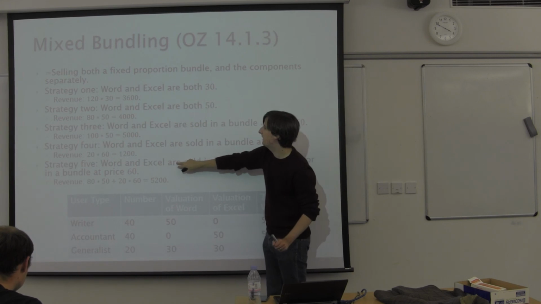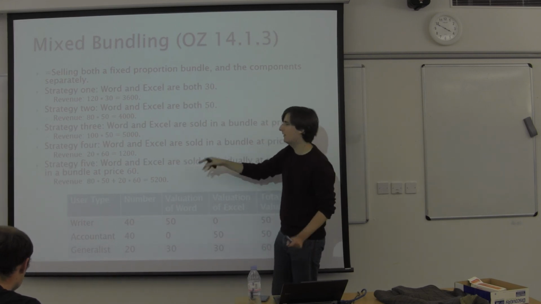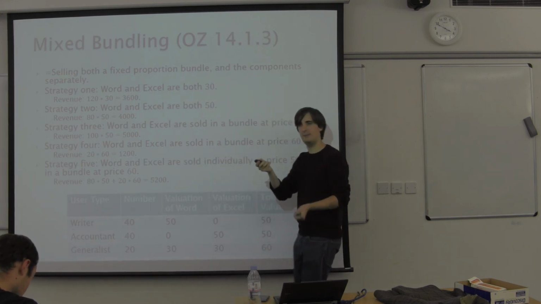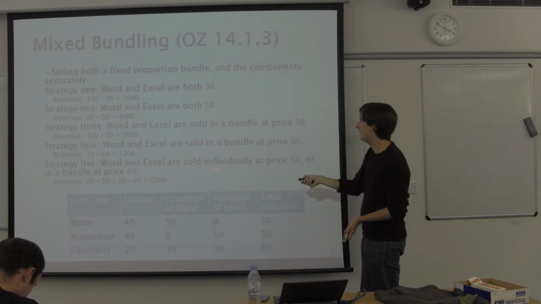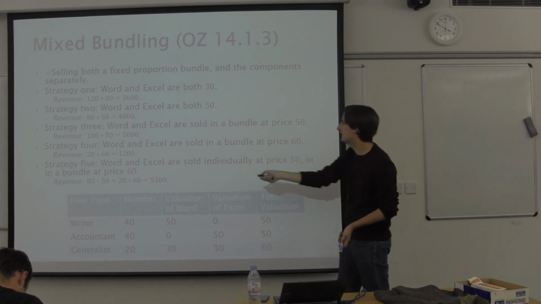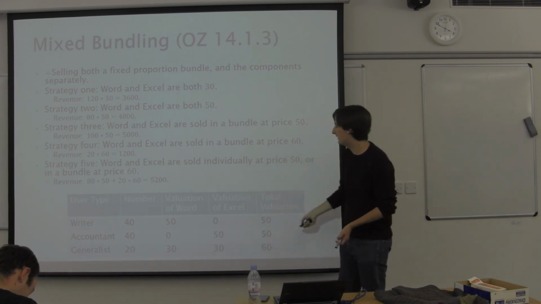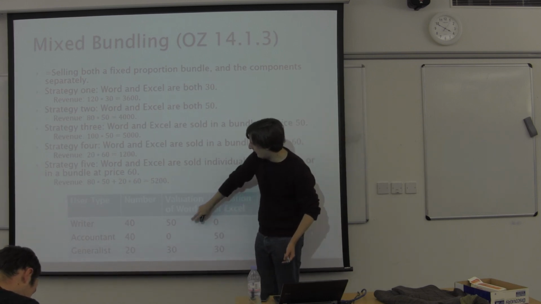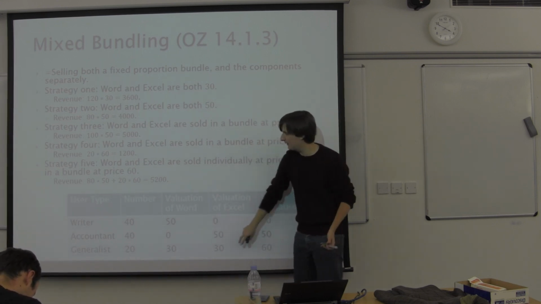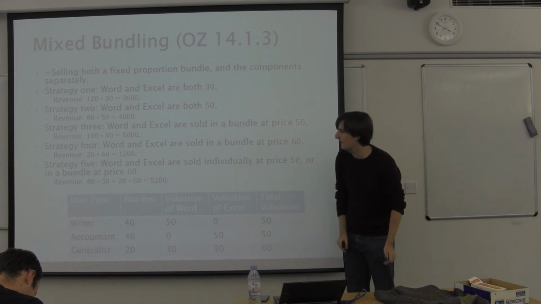The interesting one is this one, 5, where you sell both the products separately and you sell the bundle as well. So you sell the products separately at a price of 50 and in a bundle at a price of 60. Then the writers will buy Word, the accountants will buy Excel, and the generalists buy the bundle.